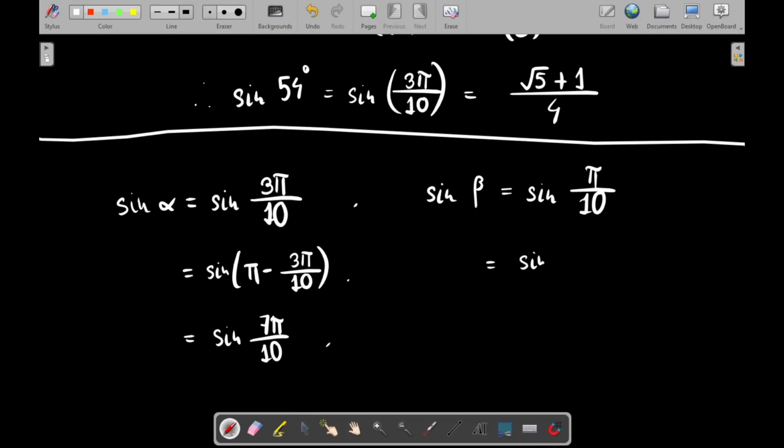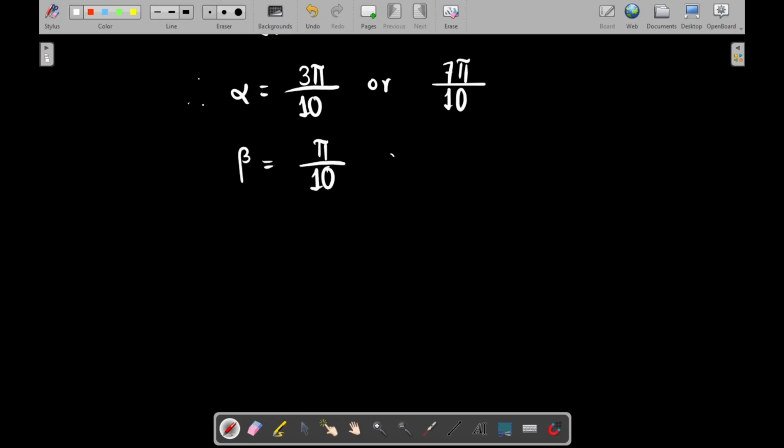Similarly, for pi upon 10, the obtuse angle will be pi minus pi upon 10, which is sin 9 pi upon 10. So finally we get alpha equal to 3 pi upon 10 or 7 pi upon 10, and beta equal to pi upon 10 or 9 pi upon 10. These are the four possible angles.